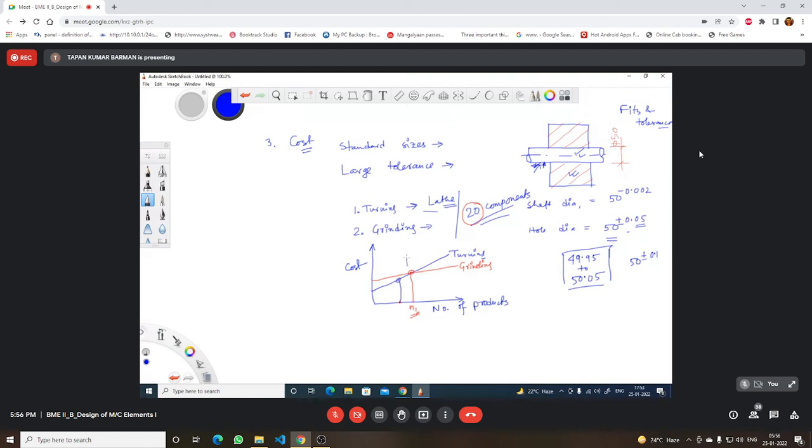So this point is called the break-even point, BEP. By doing this also, you may estimate the cost. Beforehand, you know by which material or which process we should go to minimize the cost. So you may control the final cost of the product. This part is clear to you?